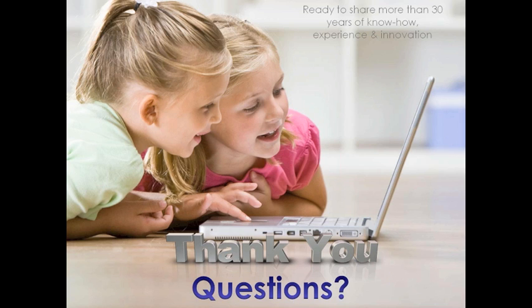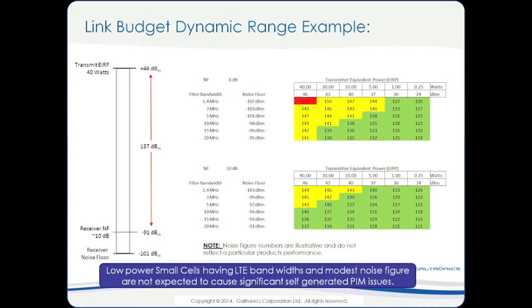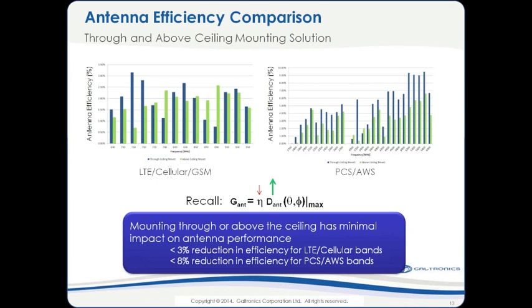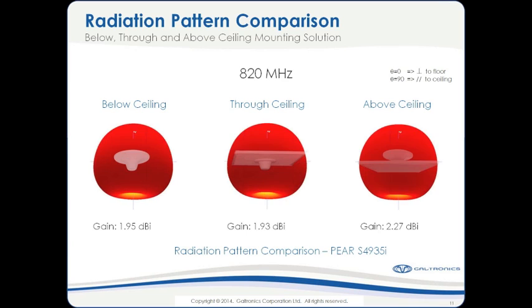Great. Next one. How is antenna VSWR affected by different mounting options? There is some impact, but again, if you recall the slide where we plotted VSWR versus accepted power by the antenna.